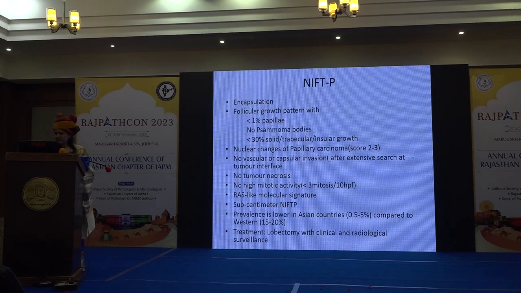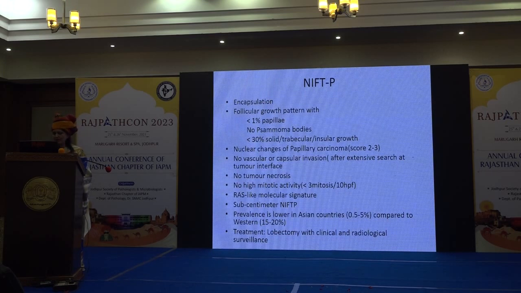You can get a sub-centimeter NIFTP like we get the microcarcinoma of papillary carcinoma. Similarly, you can get sub-centimeter lesions of NIFTP, but in Asian countries this incidence is very low as compared to the Western region, and the treatment for NIFTP is lobectomy with clinical and radiological surveillance only.